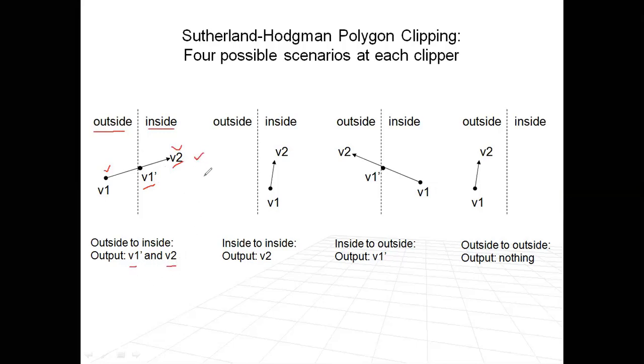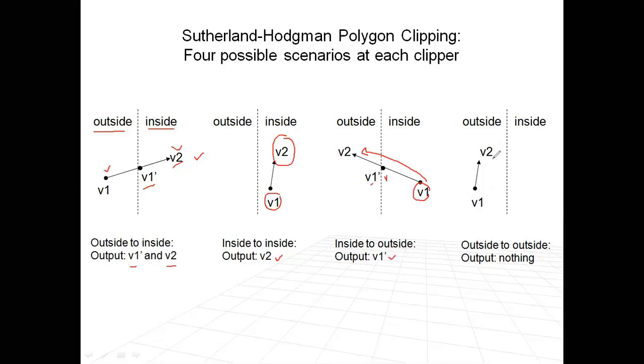This is the case when the second rule says inside to inside. When both vertices are inside, the second vertex is saved. When we are moving from inside to outside, only the intersection vertex is saved, that is v1 dash, so you can see the output.